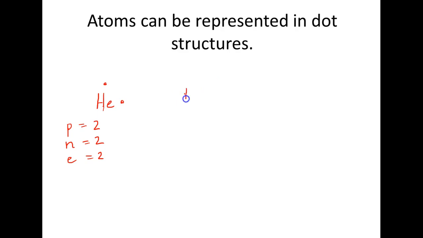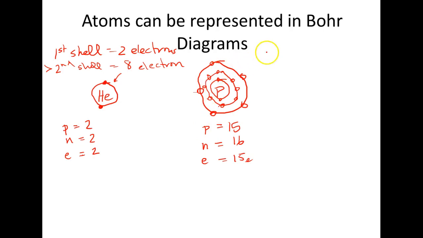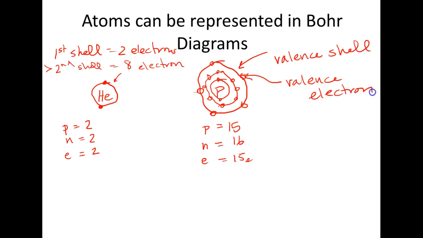Now let's try phosphorus. For phosphorus, I have 15 protons, 16 neutrons, and 15 electrons. Now keep in mind, we're only dealing with electrons on the outer shell, and I'm going to give a name to that outer shell. That is called the valence shell, and in the valence shell, you have valence electrons, and that is only the outer shell.